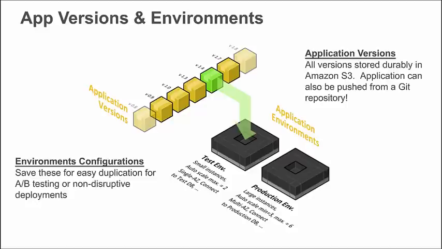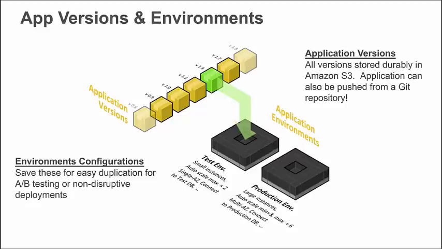An application can have many versions, and each application version is unique. And in a running environment, you can deploy any application version you already uploaded, or you can upload and immediately deploy a new version. You might upload multiple application versions to test differences between one version of your application and another.